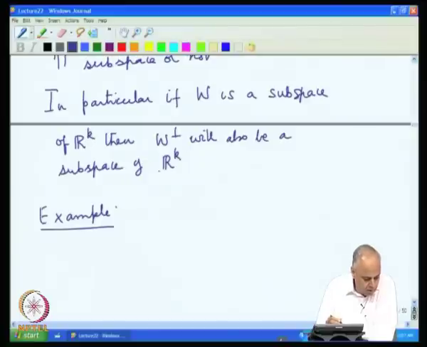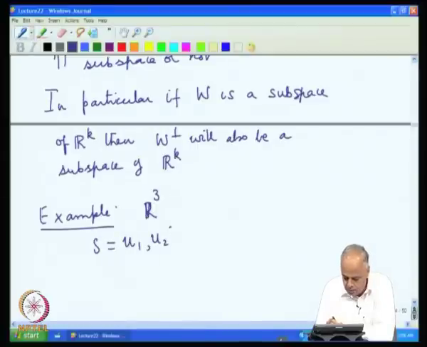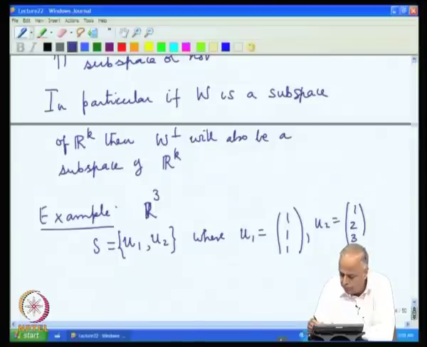Let us consider V to be R 3. So, in other words, we look at the vector space R 3 and let us take the set S consisting of two vectors, where u 1 is 1 1 1 and u 2 is equal to 1 2 3.